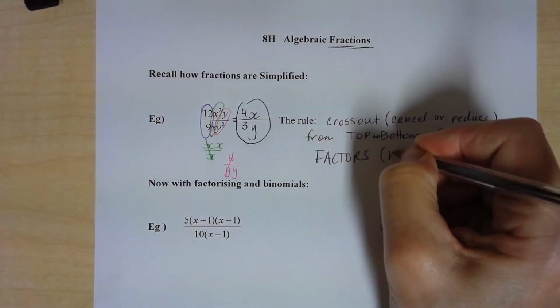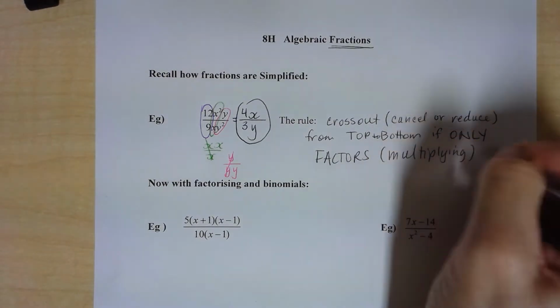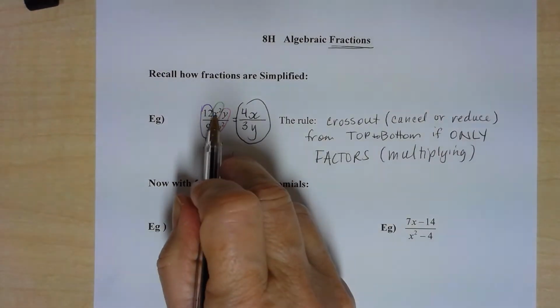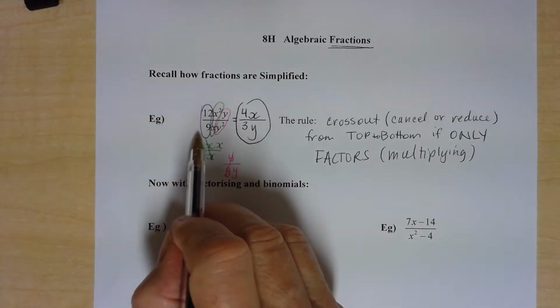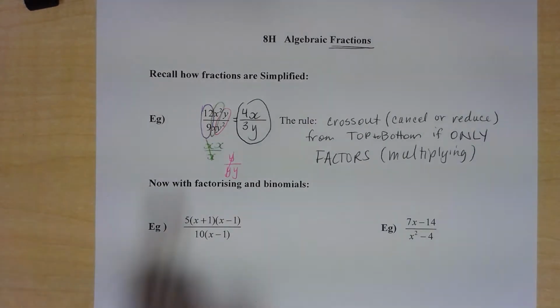So only if I'm multiplying. I'll say to myself, okay, this is 12 times x squared times y, and 9 times x times y squared. So since it's only multiplication, I'm allowed to do this.